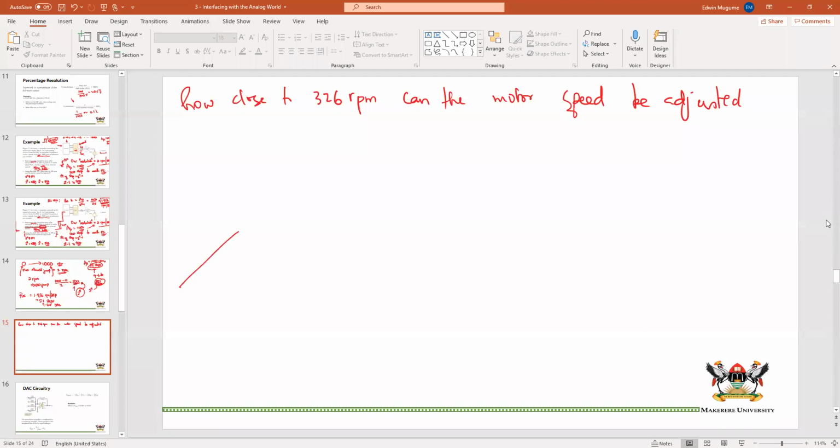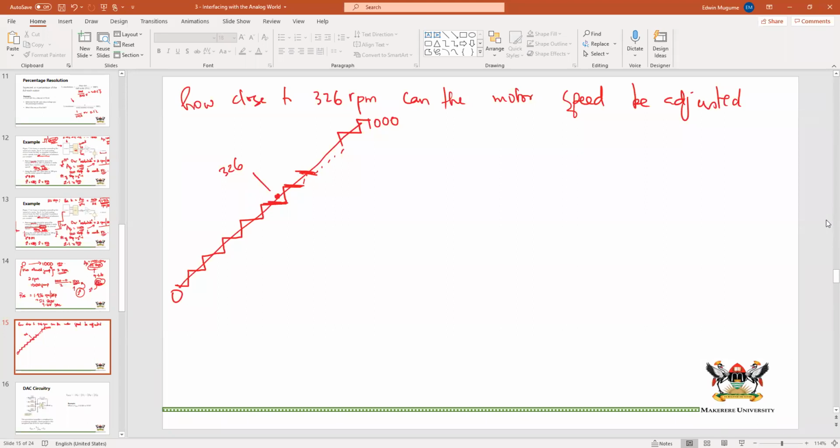From 0 to 1000, you are jumping in steps, and you're moving like this until you reach 1000. Now let us assume that this point is 326. And yet you can only be at this point and at that point and at the next point and so on.